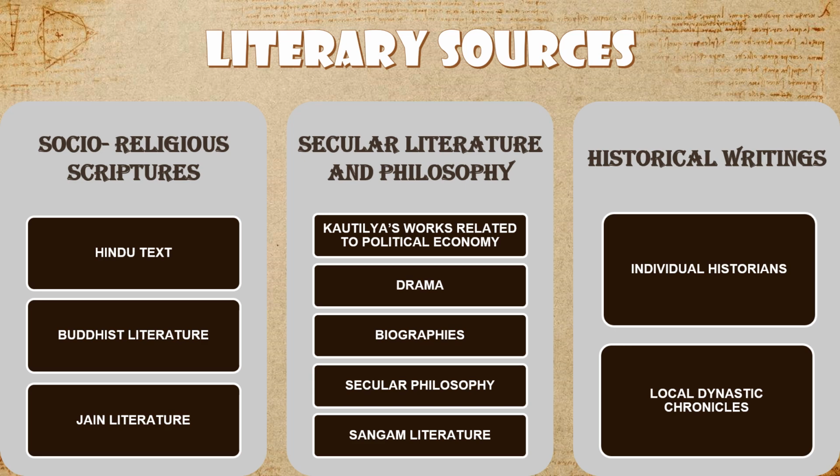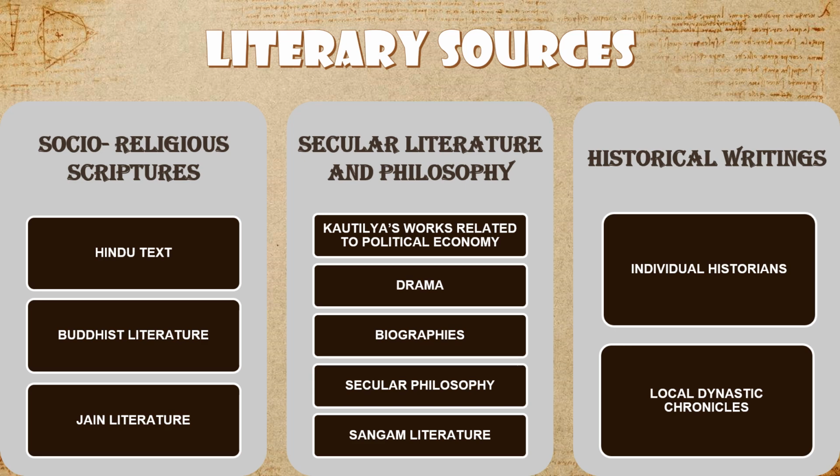Gautam Buddha was from the Mauryan era, and so most of the literature of Buddha is basically on Chandragupta Maurya and his culture. Next is the Jain literature, which includes the Kalp Sutra, Bhagavati Sutra, and many other texts of the Jain period. I will be talking about Buddhism and Jainism in my coming lecture.